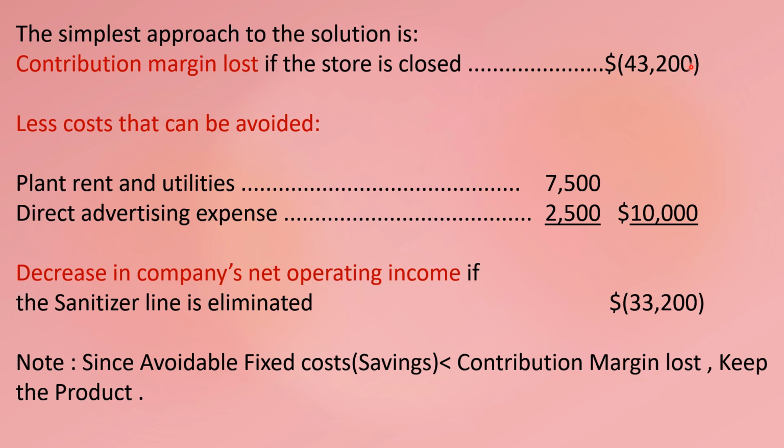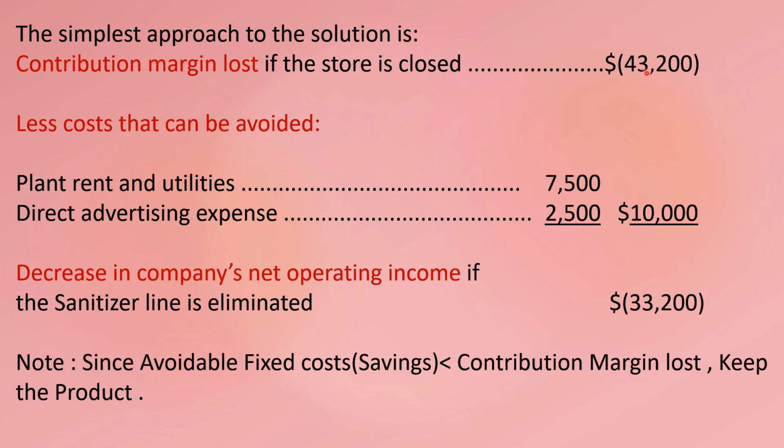You're losing a contribution margin of 43,200 if you're discontinuing sanitizers. Now, what are the avoidable fixed costs? In case you're dropping sanitizers, plant rent and utilities, which is 7,500, and direct advertising expense just related to sanitizers, which is 2,500. That means if you drop the product, you're going to save 10,000, but you're going to lose 43,200.